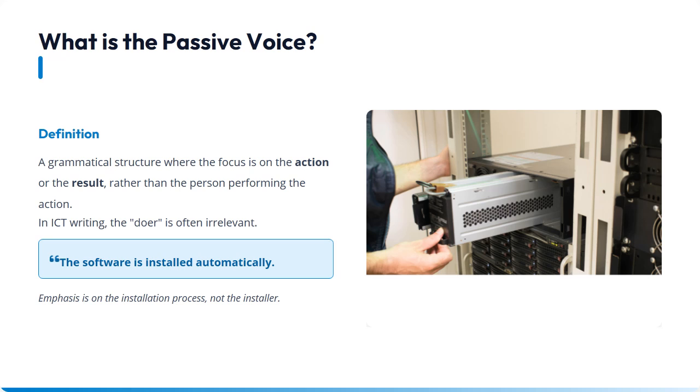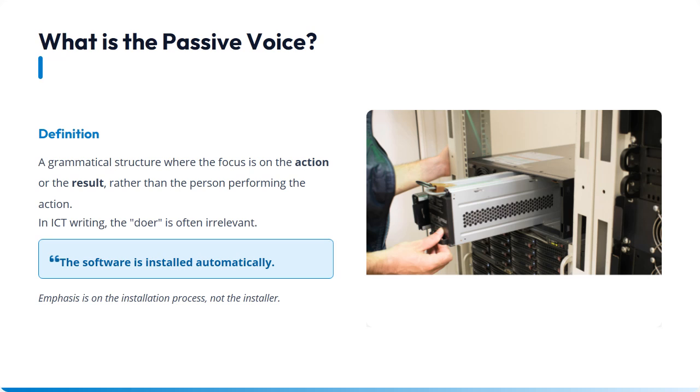It is a grammatical structure where the focus in the sentence is on the action rather than on the person who performed the action. In ICT writing, the doer or the performer of the action is often irrelevant, that is to say, unimportant.